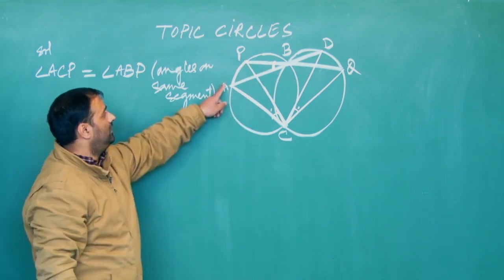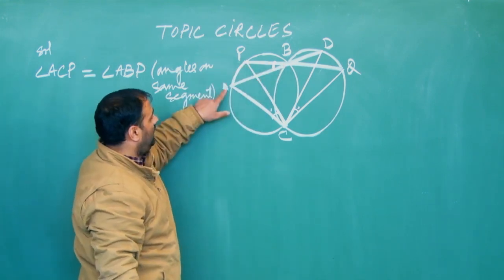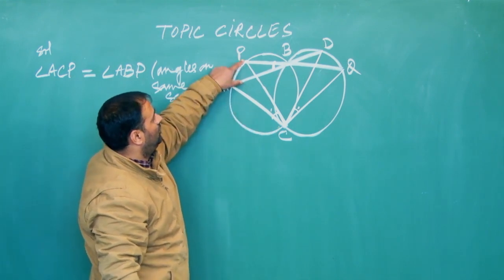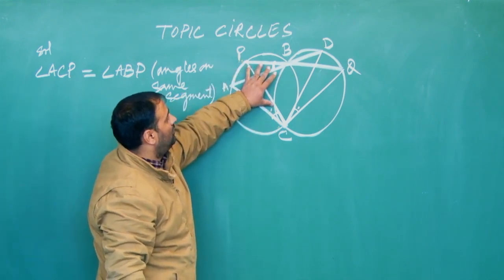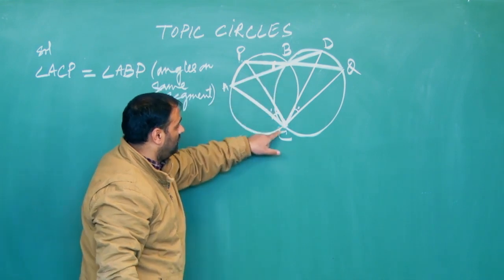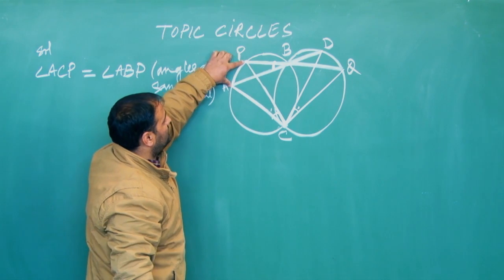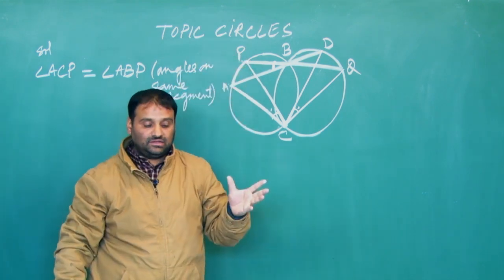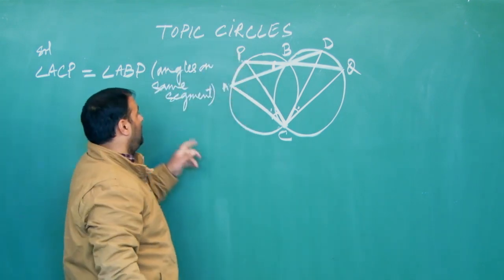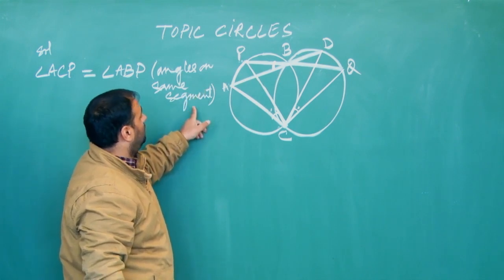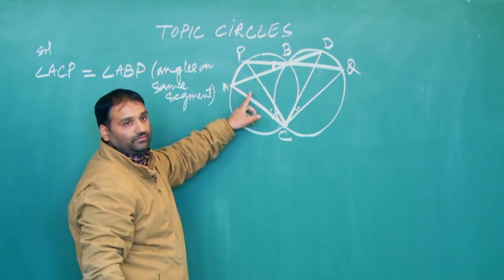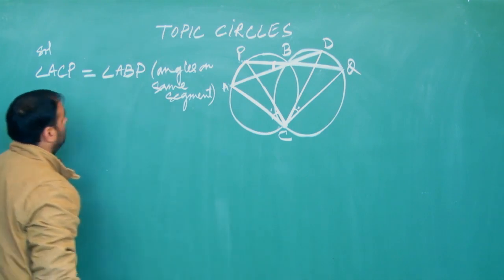You can observe angle ABP and angle ACP are the two angles on the remaining part of the circle, on the circumference of the circle, and both are subtended by the same arc AP. These angles are equal and we call them angles in the same segment.